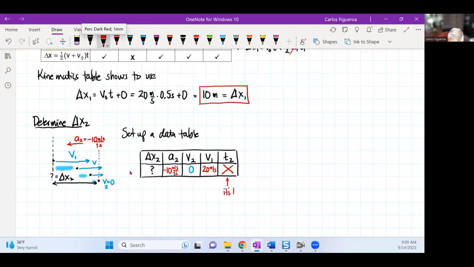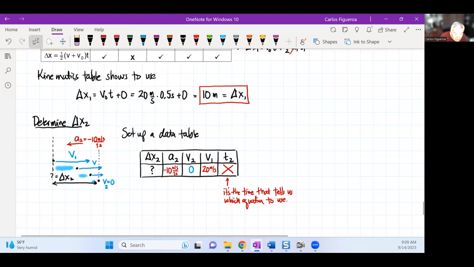It's the time that tells us which equation to use. So instead of looking at what you have and then trying to find the equation by picking all the right variables for that equation, I'm saying go to the one that you don't have.